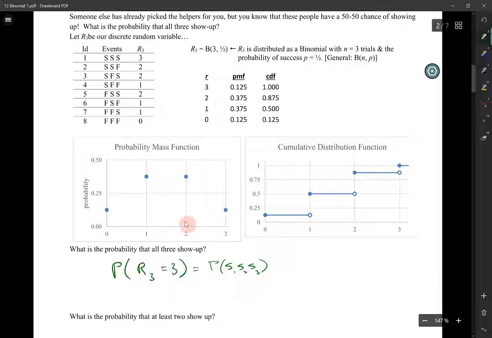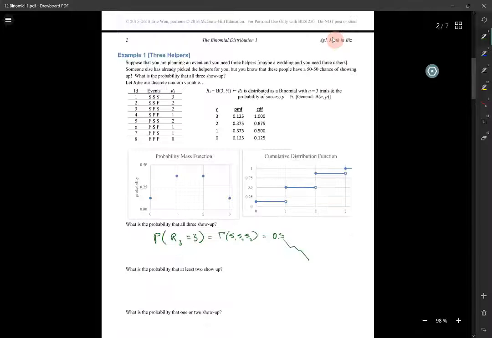We can just say probability of S, S, S. So what is the probability of success? It's 0.5 for the first one, times 0.5 for the second one, times 0.5 for the third one.